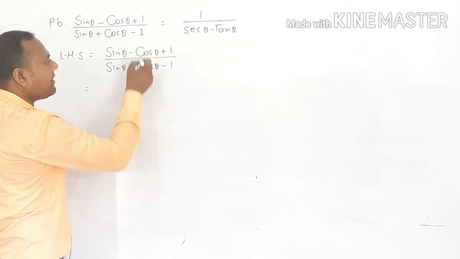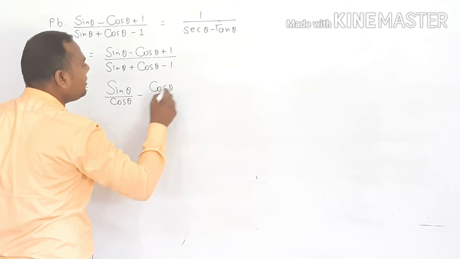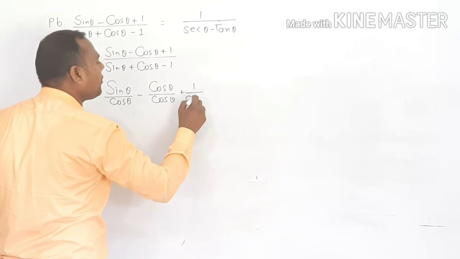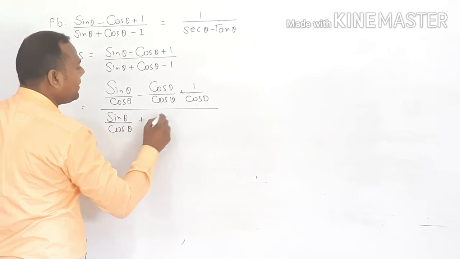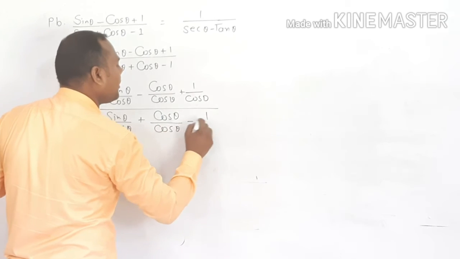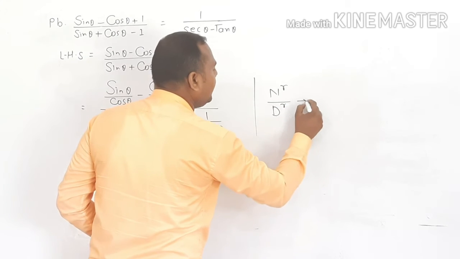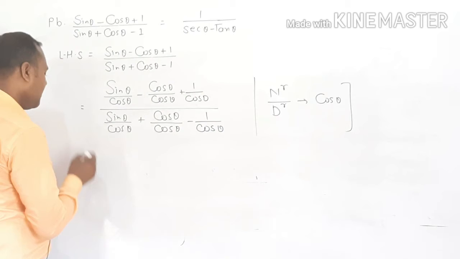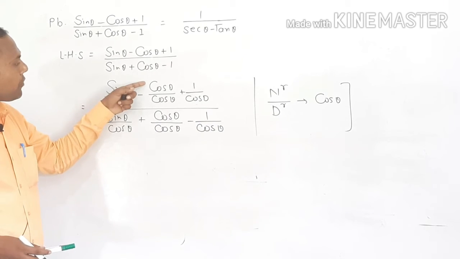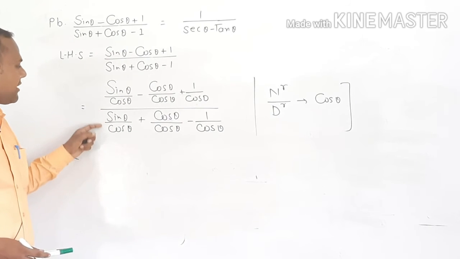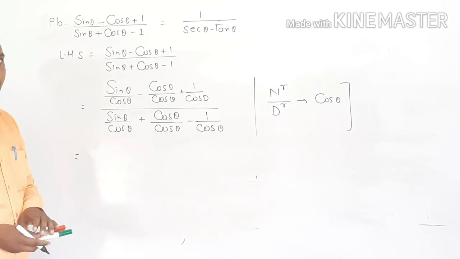After dividing the numerator and denominator with cos θ, we get sin θ upon cos θ minus cos θ upon cos θ plus 1 upon cos θ, divided by sin θ upon cos θ plus cos θ upon cos θ minus 1 upon cos θ. We divide each term with cos θ.